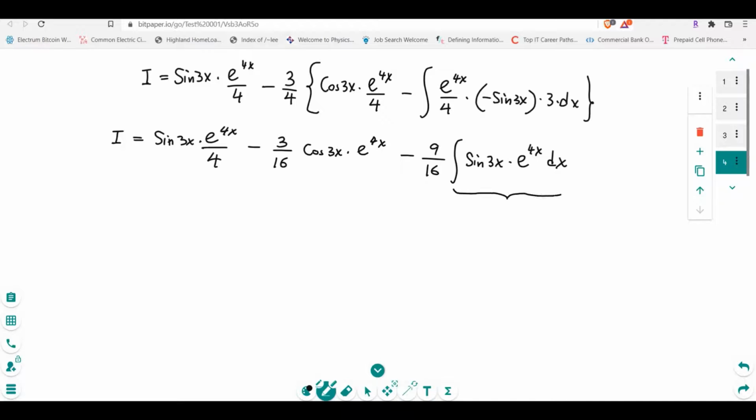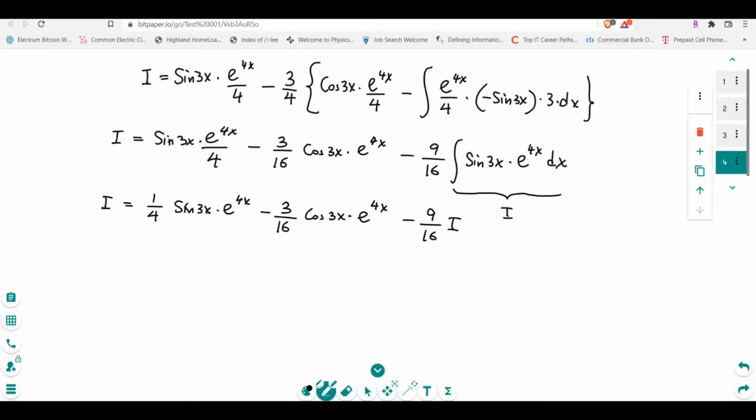So I can call this I. So what I have here is I equals 1 over 4 sine 3x times e to the power 4x minus 3 over 16 cosine 3x times e to the power 4x, and then I have minus 9 over 16 times I. Now this third term, minus 9 over 16 times I, can be taken to the left hand side of this equation.